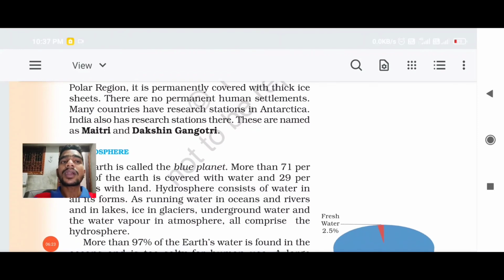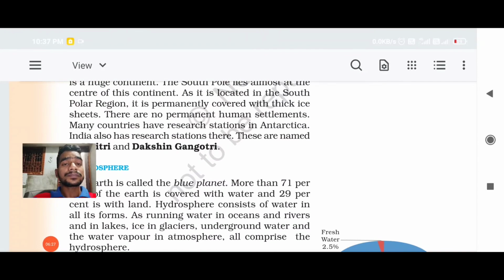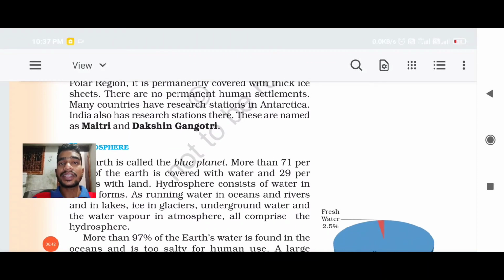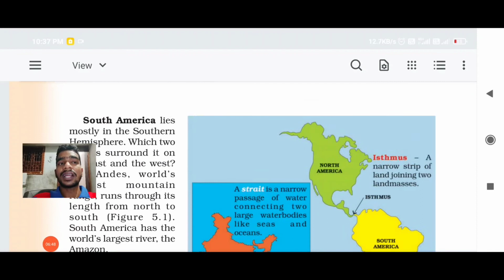There are no permanent human settlements because the temperature goes below 0°C, into the minus. Many countries have research stations in Antarctica. India also has research stations, named Maitri and Dakshin Gangotri.